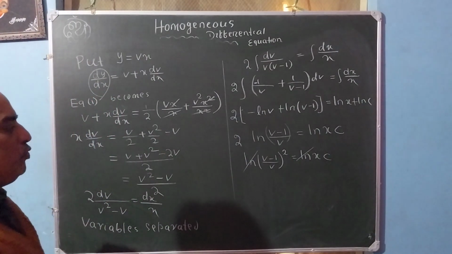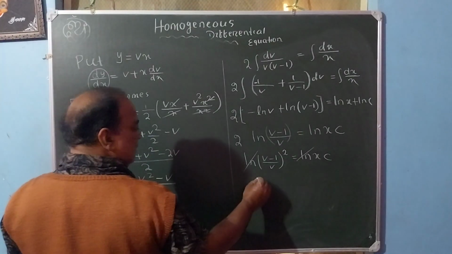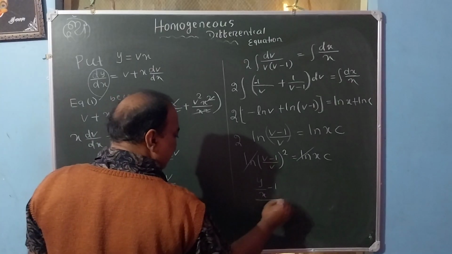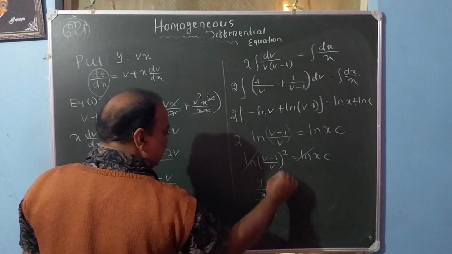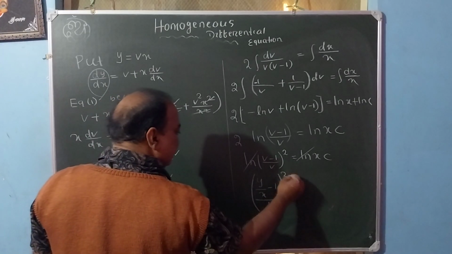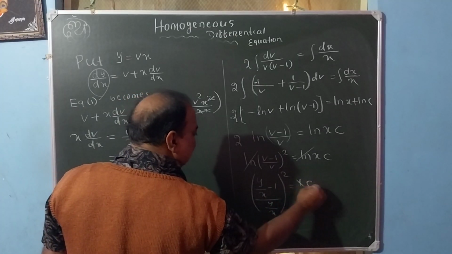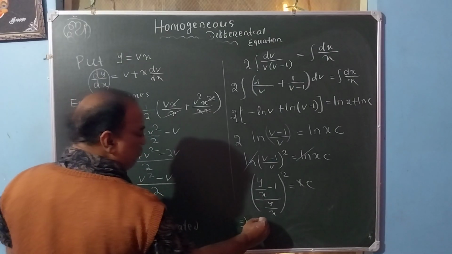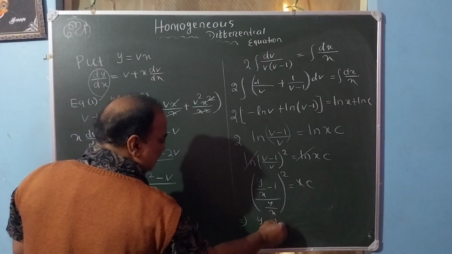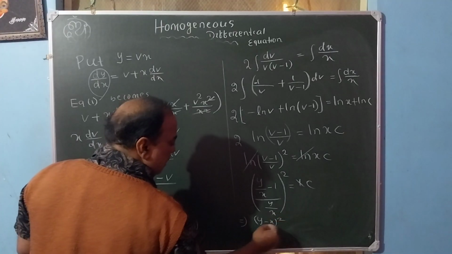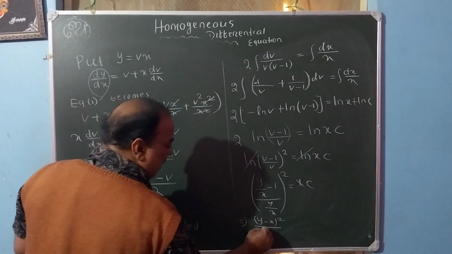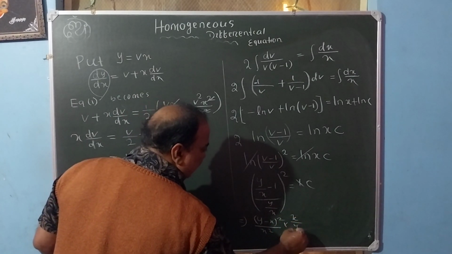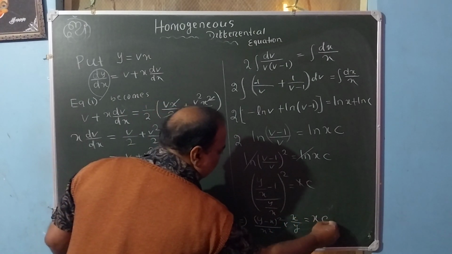Now we have to put v is equal to y by x. y by x minus 1 by y by x whole square is equal to xc. So taking common, we get y minus x whole square by x square, here it is x by y, is equal to x into c.